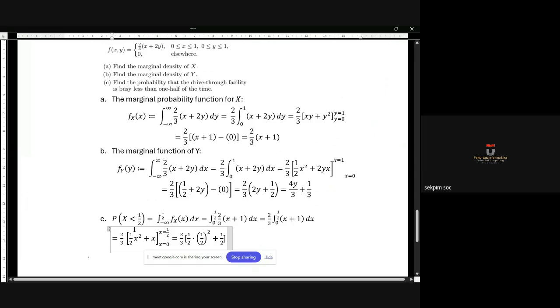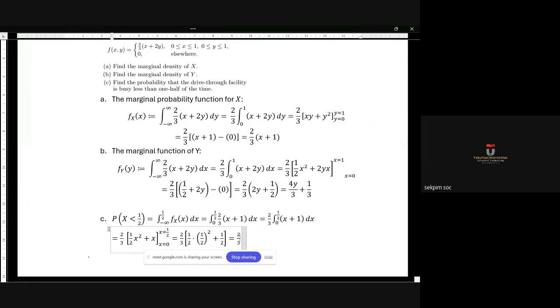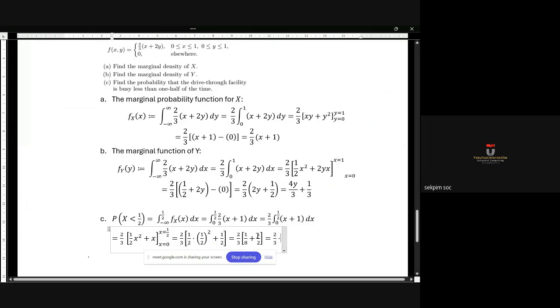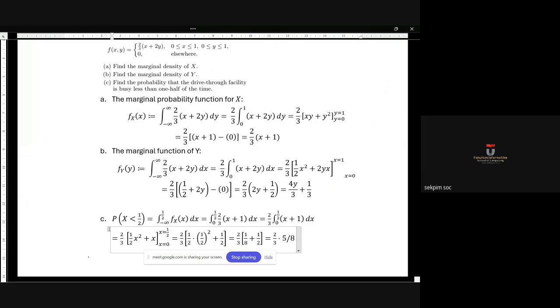For x equal to 0, this function is just 0, so only this part remains. It equals 2/3 times 1/8 plus 1/2, which is 4/8, so this is 5/8.